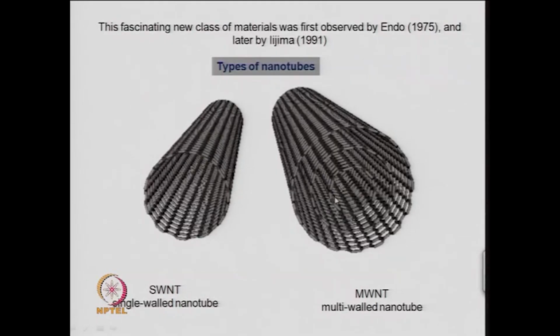So, you have one nanotube here, then a second nanotube, and then a third nanotube. So, this is a multi wall nanotube. It was observed first by Endo in 1975, but was really highlighted by Ijima in 1991, and the world came to know about carbon nanotubes through Ijima's work in 1991.